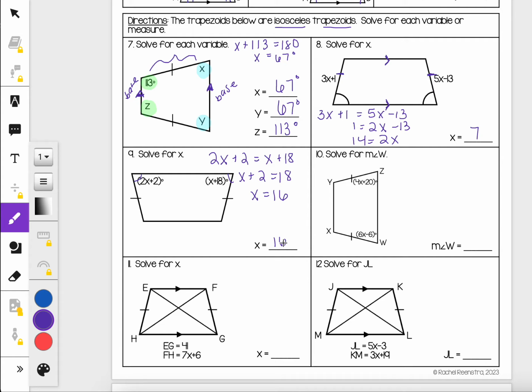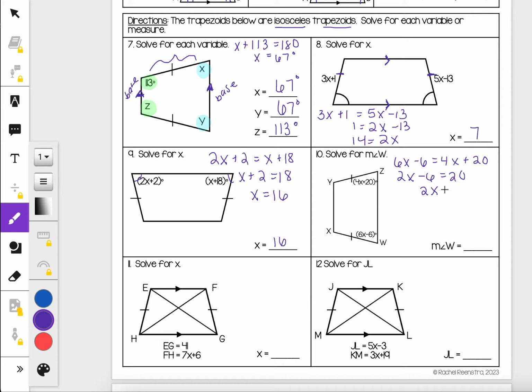And then for number 10, again, base angles are congruent. Have to be careful. This question is asking me to solve for the measure of angle W. So not just solving for x, but that is how I have to start. So I'm going to set 6x minus 6 equal to 4x plus 20. Subtract 4x from both sides. So 2x minus 6 equals 20.